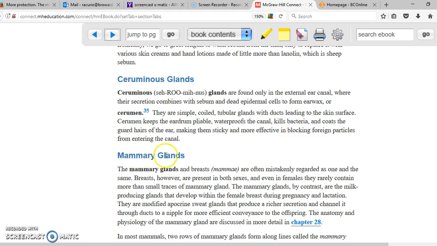And the last one is mammary glands that we have right here. These are also exocrine glands, right? Because human females produce milk, right? And therefore the milk comes out through the duct, and that happens when the females are breastfeeding a baby. Okay, the only time when mammary glands produce milk is when the females are pregnant.